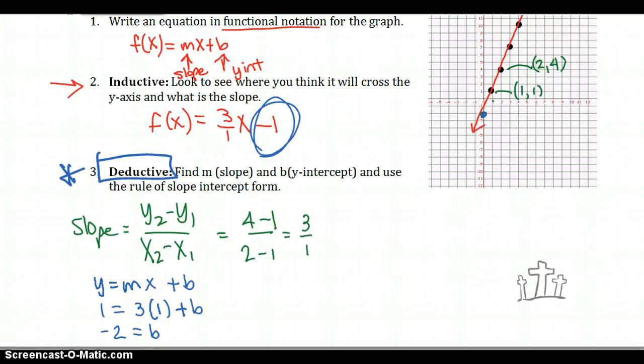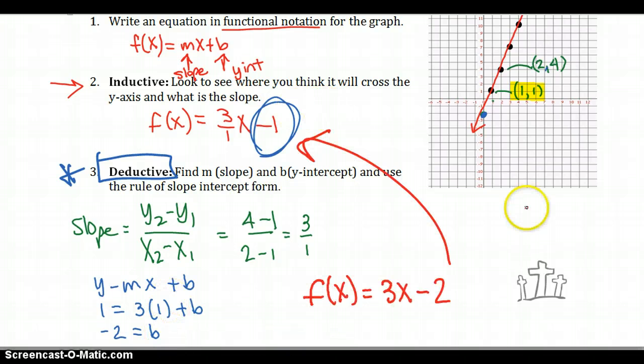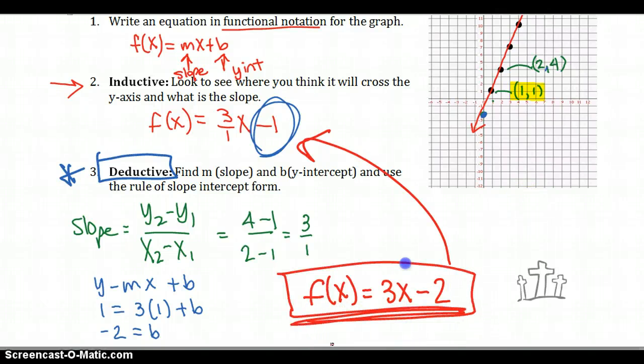With deductive reasoning, I will actually find the points, plug those into the slope formula, and solve for the slope. I've chosen to use 1, 1 here, and I plug in 1 for x and 1 for y using my slope, and I find b. So I was incorrect. My inductive reasoning was not as accurate as deductive reasoning. Try the last problem on the back on your own.